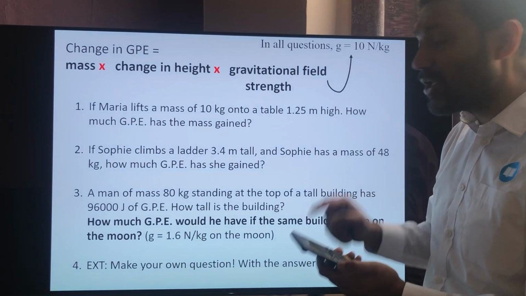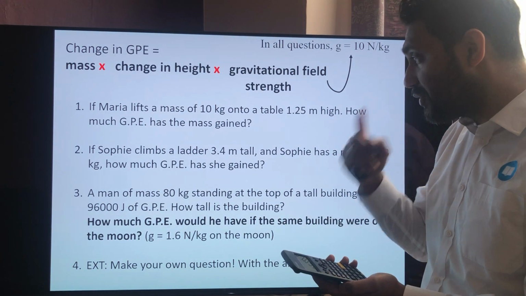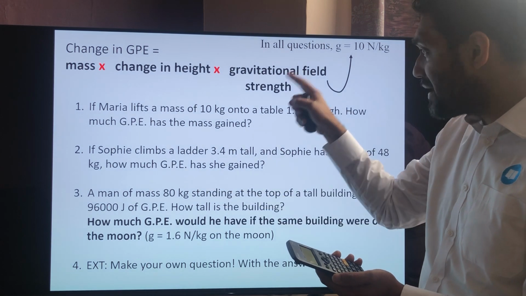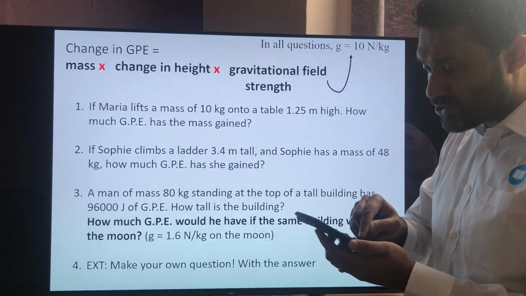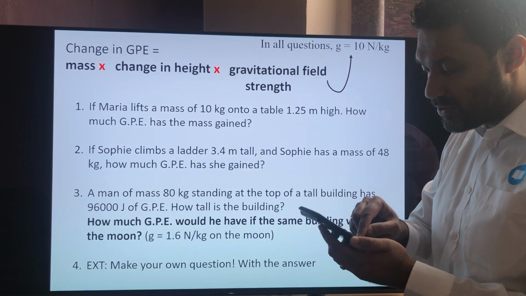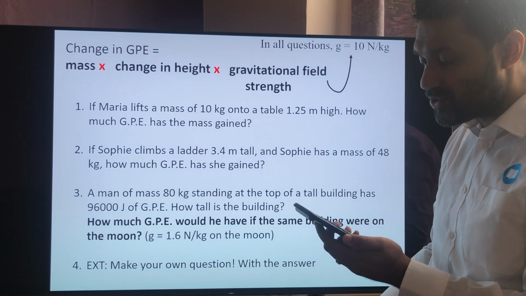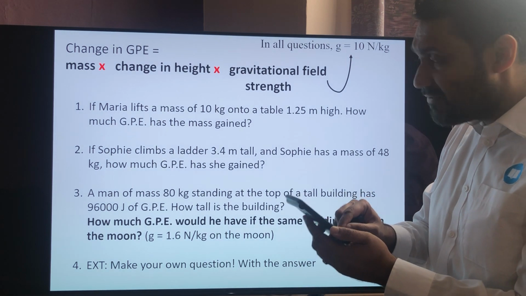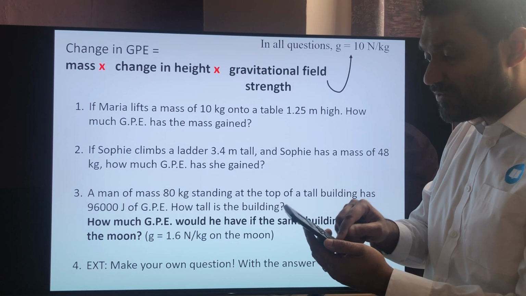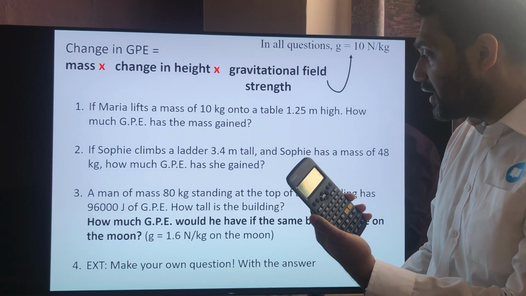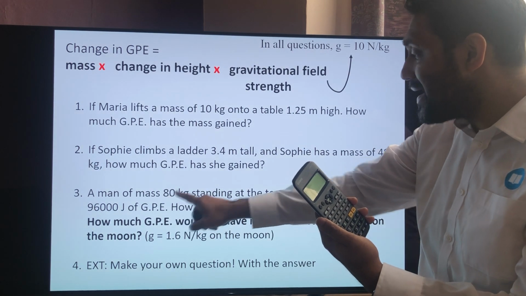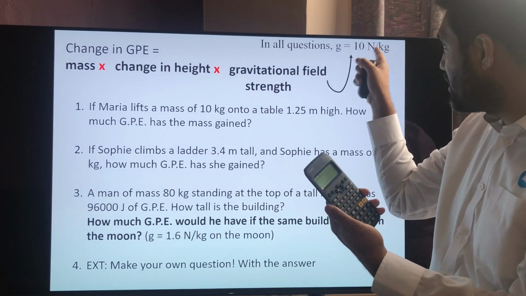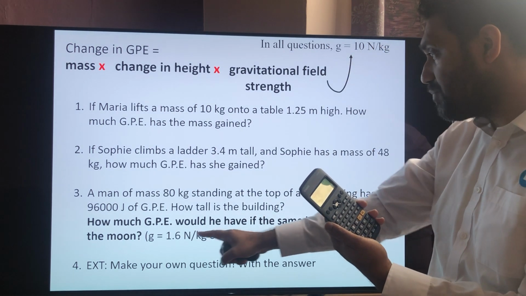So if I did the same equation for the moon, my 96,000 divided by, then you have to press open bracket, because I'm going to multiply my mass times my G. My G is not 10 now because I'm on the moon, so it's 1.6.